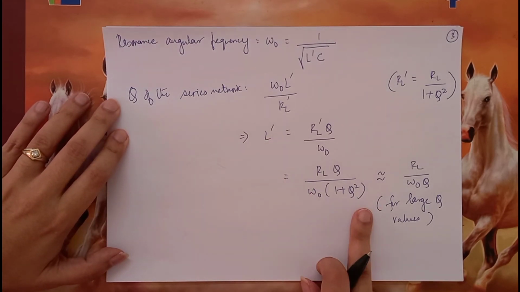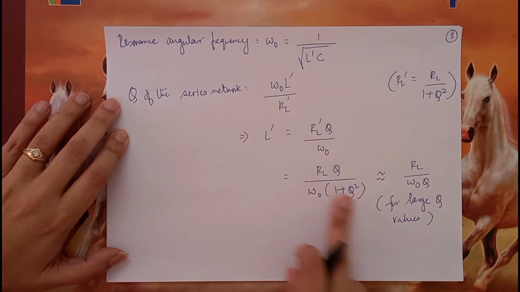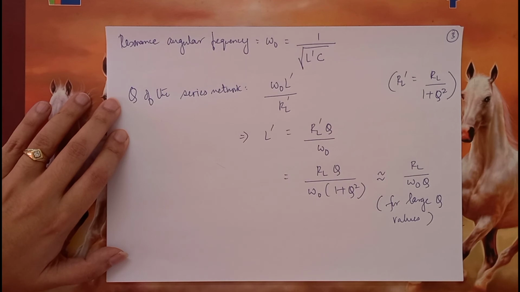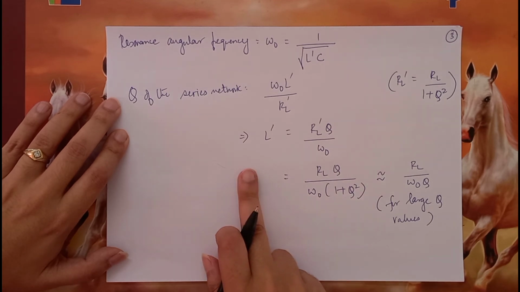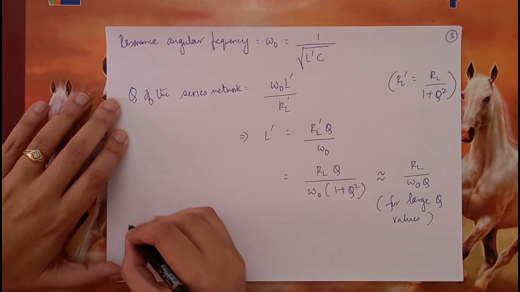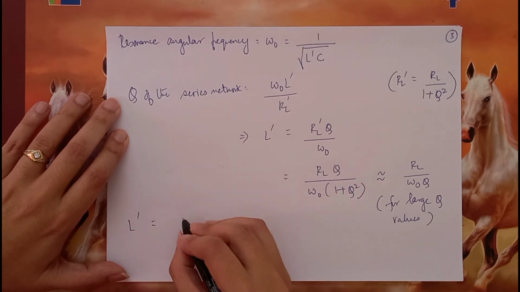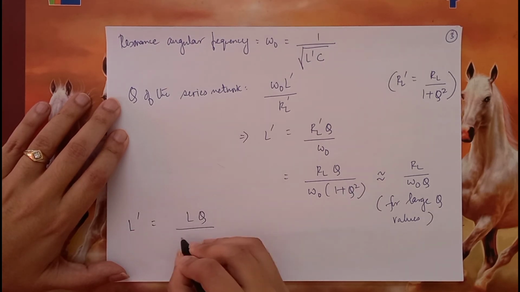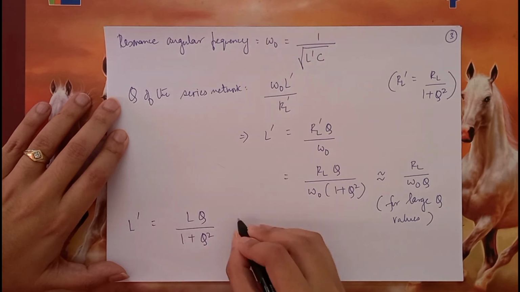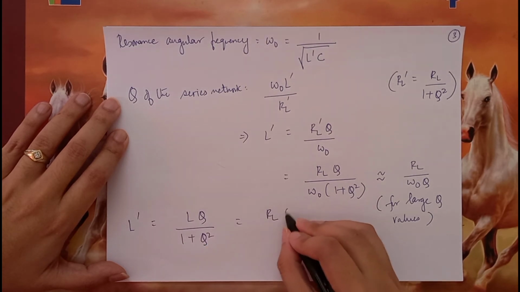So this is L prime. So once you know L prime, you know L. So what you can say is L prime is equal to L Q by 1 plus Q square, that is equal to this quantity.